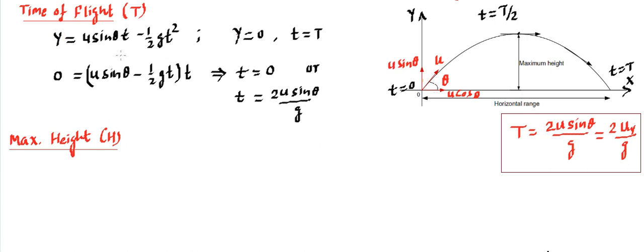So you just differentiate it, put it 0, find the t, come back, and you will find this. But we have understood that because this is going to be the topmost point, it is going to be at t by 2 time, and at that instant whatever the y is, that becomes maximum.